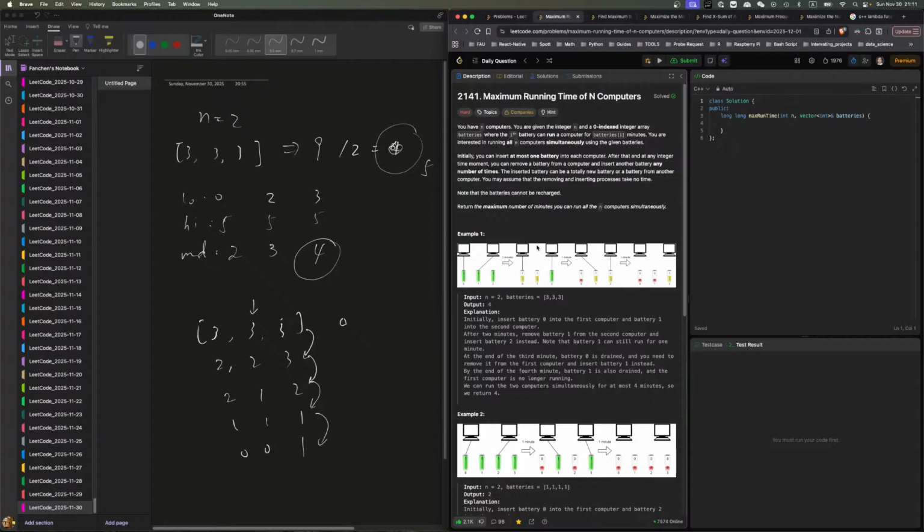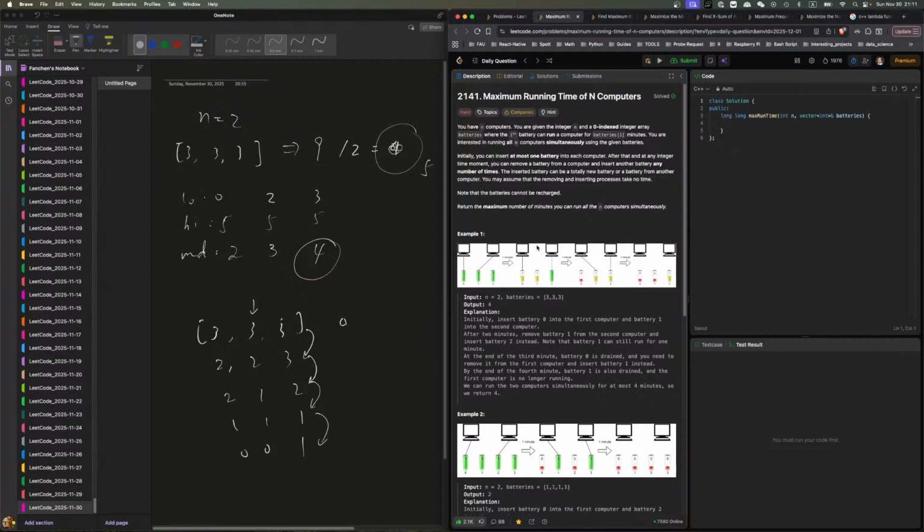Easy condition we can check, right? And then we have a bunch of computers and each one doesn't have enough. If each one doesn't have enough, then the total will not be working. So it definitely must have enough.